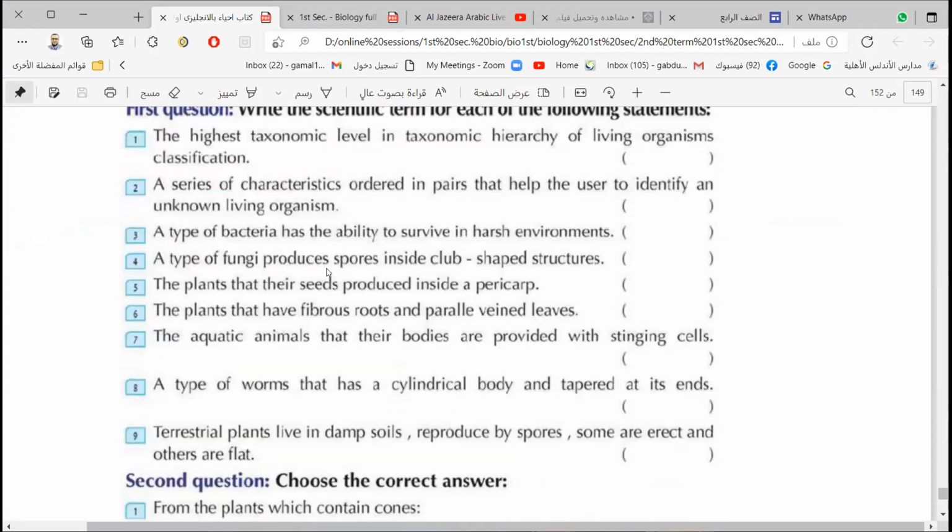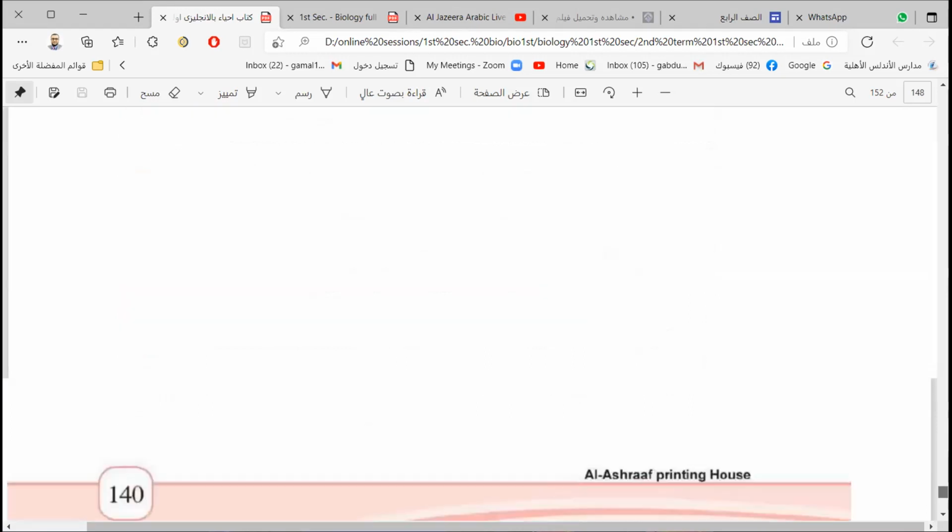Number 4, Salma. A type of fungi produce spores inside the club-shaped structures. You remember the types of fungi, or the divisions of fungi? We have zygomycota, ascomycota, and basidiomycota. Which one of them? Again, I will go back to the fungi.